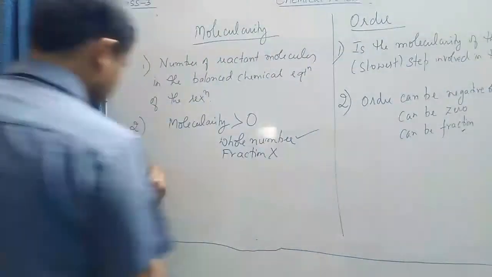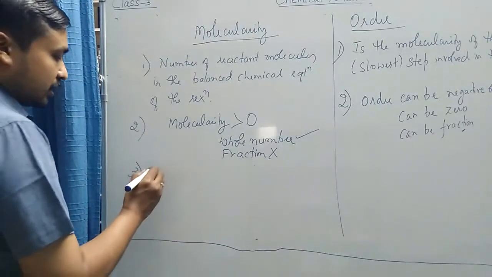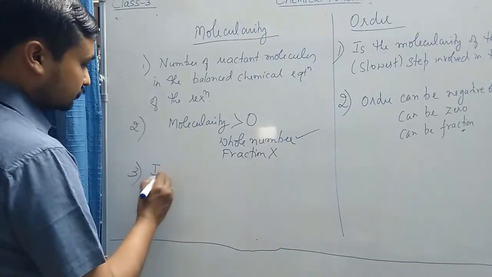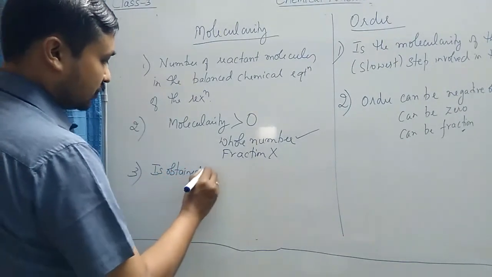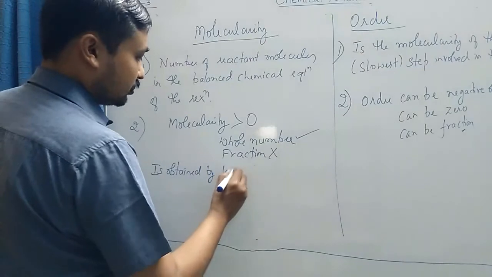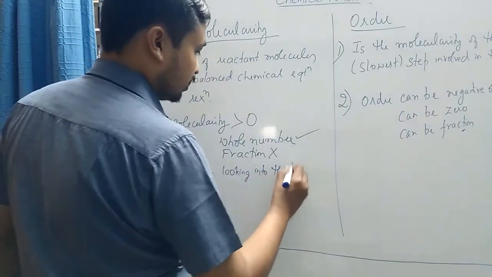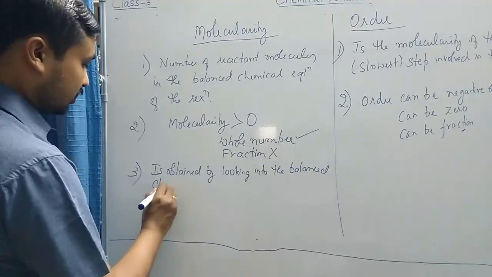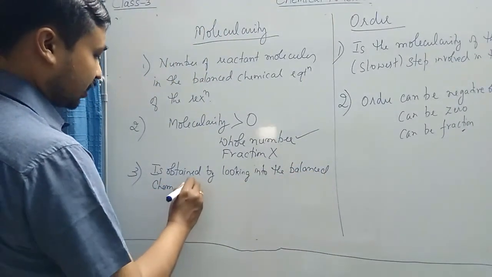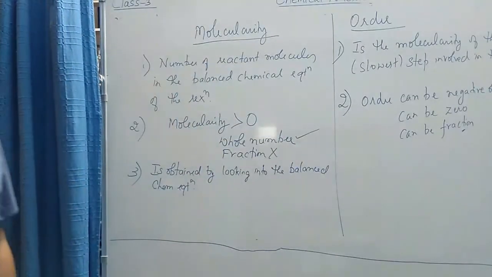The third important difference is molecularity is obtained by looking into the balanced chemical equation. It is an empirical value. It is obtained by just looking at the balanced chemical equation.